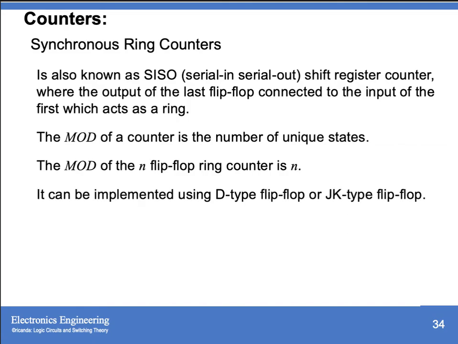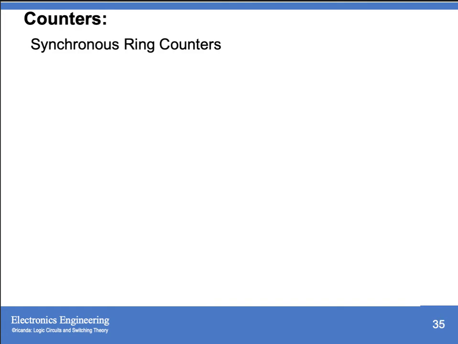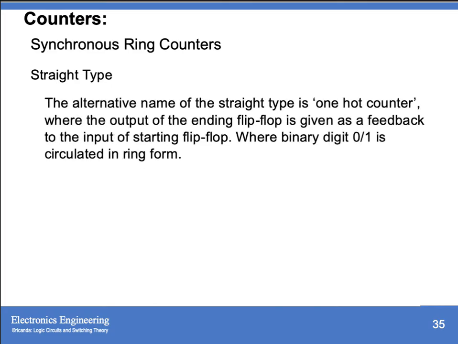So ring counters are classified into two. We have the straight type and the twisted type. For your straight type, also known as the ring counter, another name for this one is also one hot counter, where the output of the ending flip-flop is given as a feedback to the input of the starting flip-flop, where a binary digit, either 0 or 1, is circulated in a ring form.